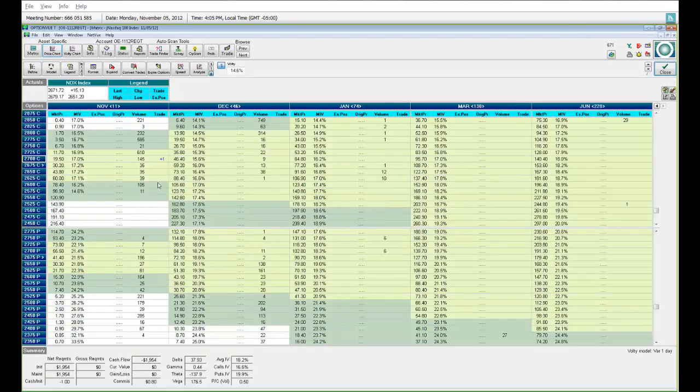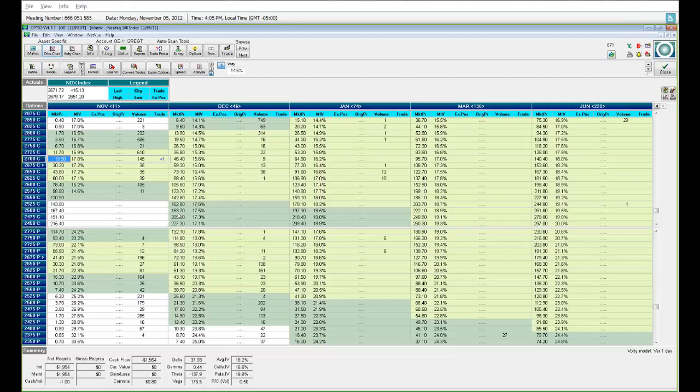All right, so let's examine why that is. Why does it cost you $19.50 to bet that the market's going to go up? Because the people that are selling options say, well, the market could easily go to 2,730 or 2,720 or whatever.